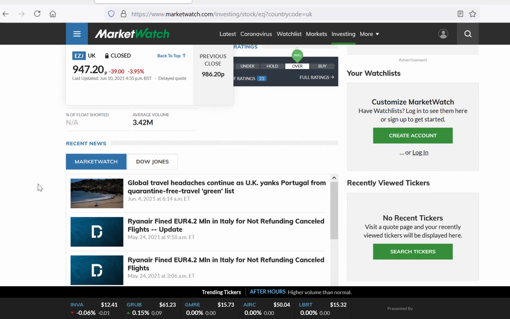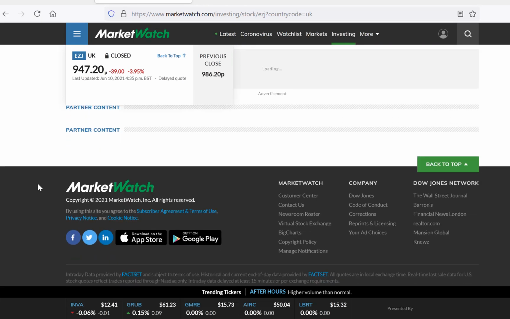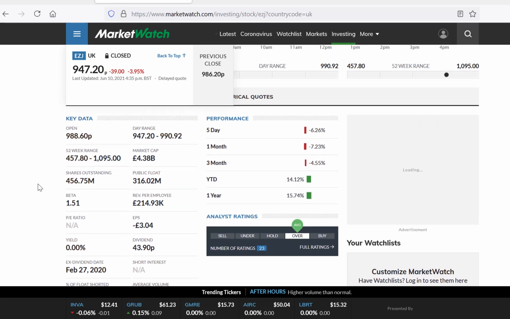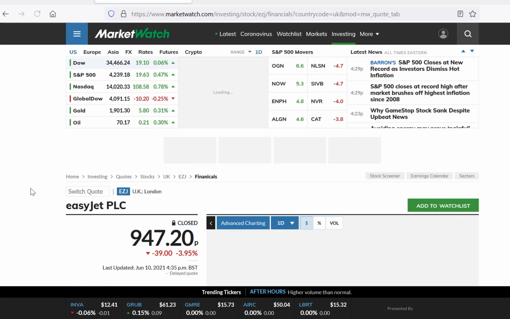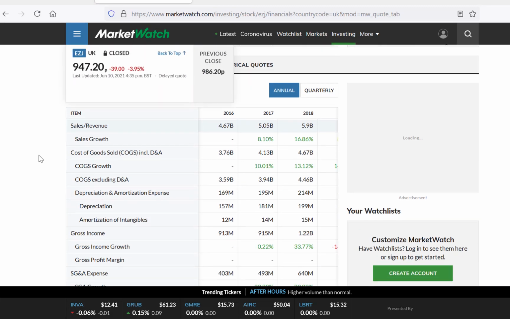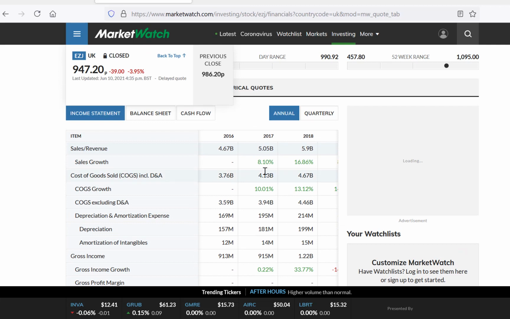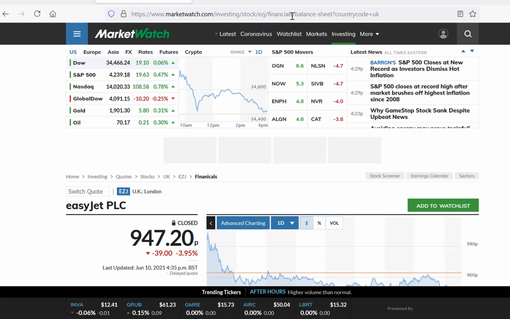And down here somewhere, where's my, I went past it, didn't I? Down here, it has financials. And you would take these financials right here and make a little program that says, get me the annual income statement, or you click on this and it has a little bit of a different URL.